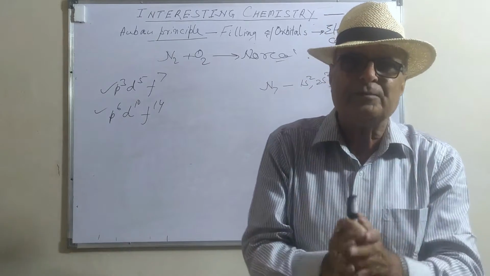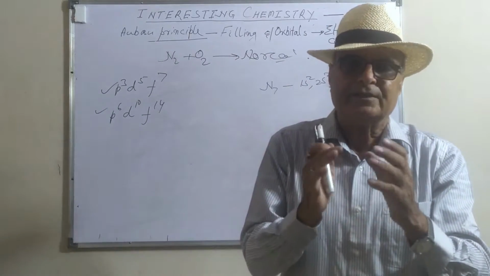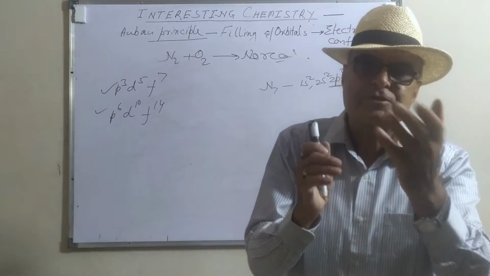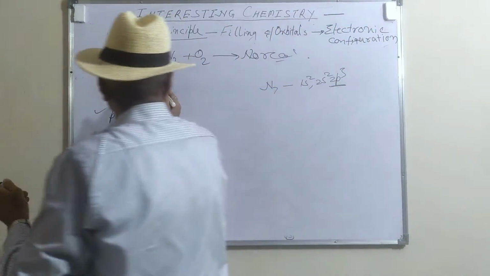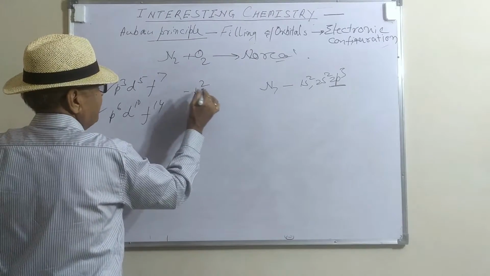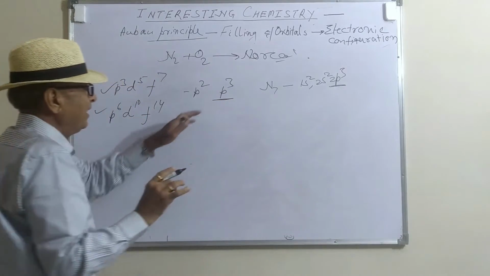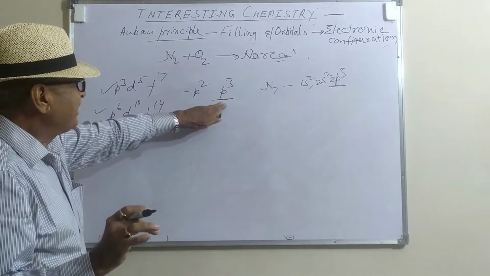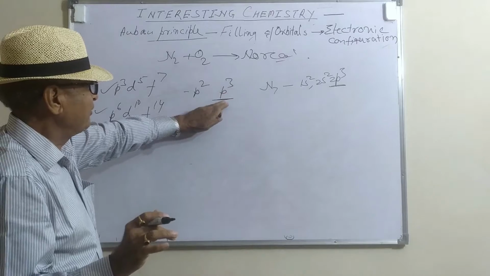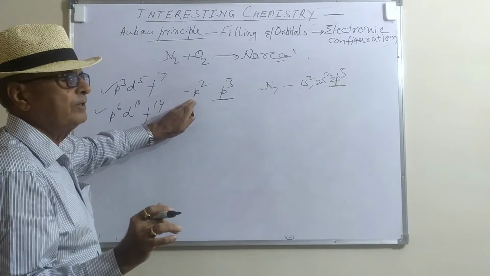They are more stable than the incomplete subshells. So if there is a choice between p2 and p3, p3 is more stable than p2.